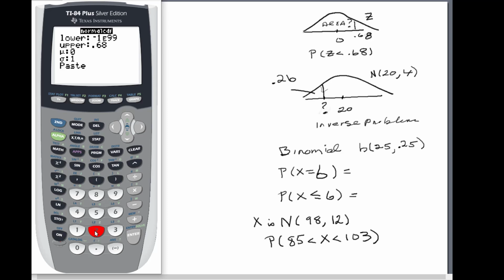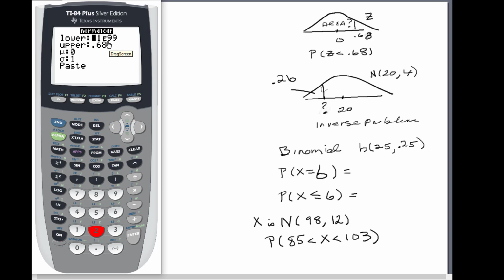Now on the TI-84 Plus, we've got a menu here that prompts us for the information that the calculator needs before it can calculate that area. And it's very sensible. It needs to know the lower boundary. Well, that would be negative infinity. On this calculator, negative infinity is -1E99. The E means times 10 to the power 99.